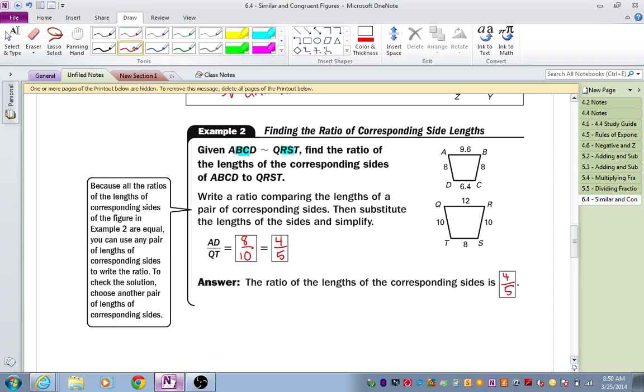So BC and RS would still be 8 over 10, and we still get 4/5. We could have done AB over QR or DC over TS, and those ratios will also equal 4/5.